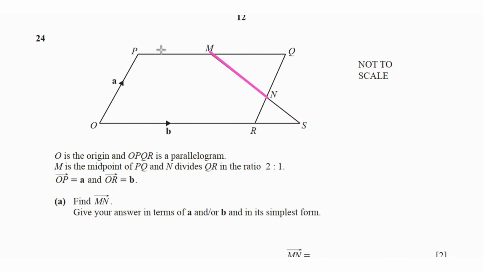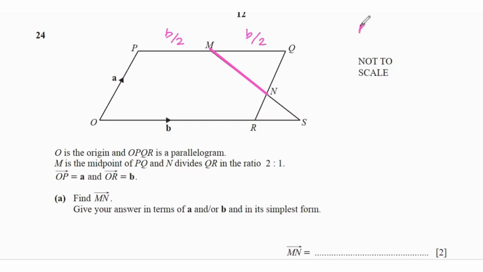Now M lies on PQ and divides PQ into 2 equal parts. So that means this is going to be B/2 and B/2. Now N is dividing QR in the ratio of 2:1. RN is going to be 1/3 of A, and NQ is going to be 2/3 of A, because QR is being divided into the ratio of 2:1 because of N. So this is 1 and this is 2.